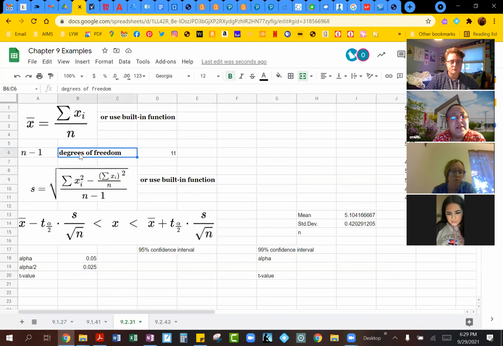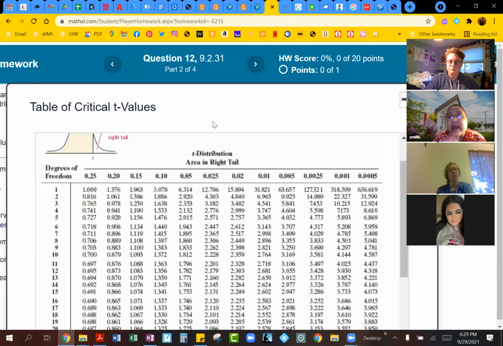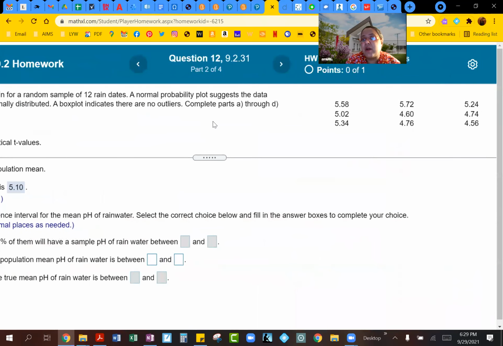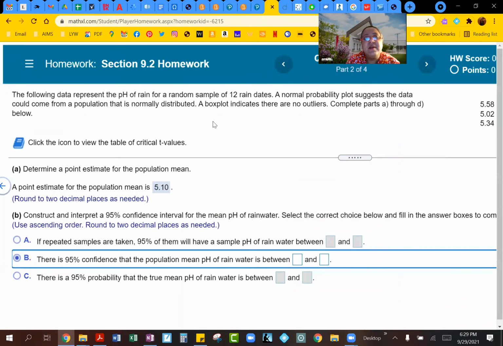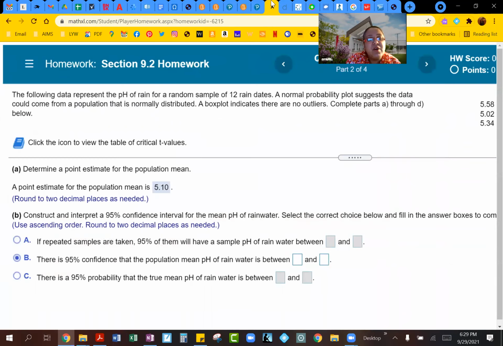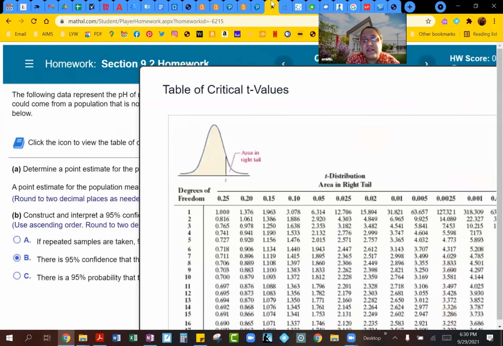So degrees of freedom is right over here. The n minus 1 gives you the degrees of freedom. If you look at the example here, they told us our sample size was 12 rain dates, right? We've got 12 different data values in here. So your degrees of freedom for this example will come out to be 12 minus 1, which is where we get the 11. And we need that degrees of freedom to find our T value.